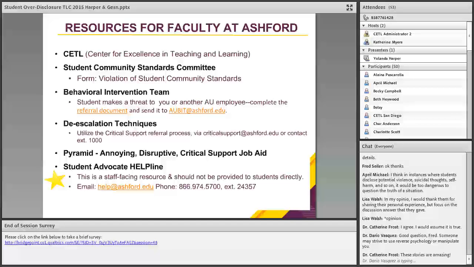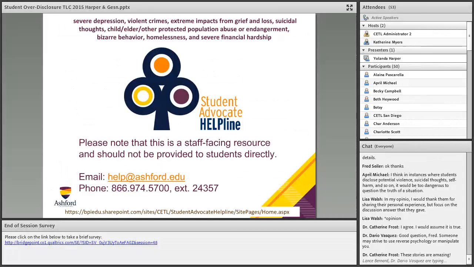Okay. Thank you. I do want to remind us of the resources here at Ashford, and the one that may be most relevant to this conversation is the Student Advocate Helpline. This is a staff-facing resource, for us to use to reach out and find information. It's available in the CETL, and these are the types of themes and topics that they most frequently assist with.